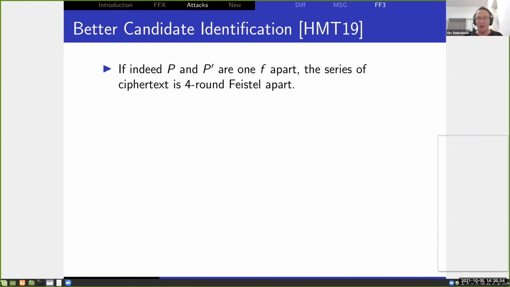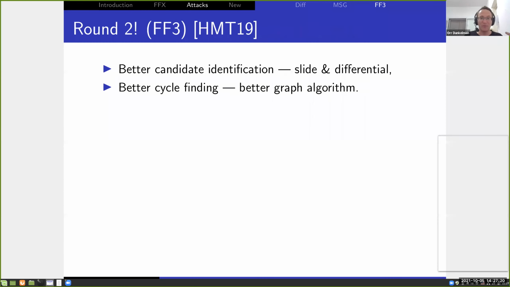So earlier, for each possible location, we had to do a reconstruction. Now we don't need to do a reconstruction for all the locations. First of all, we find locations which may work, and only then we reconstruct. So the question is, what distinguisher for 4 round Feistel did we already see? The answer was in the previous slide.